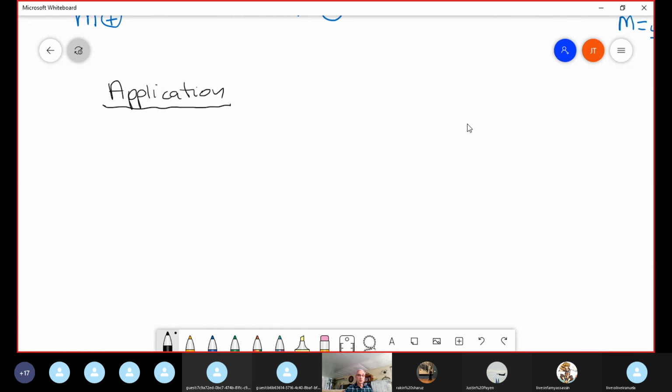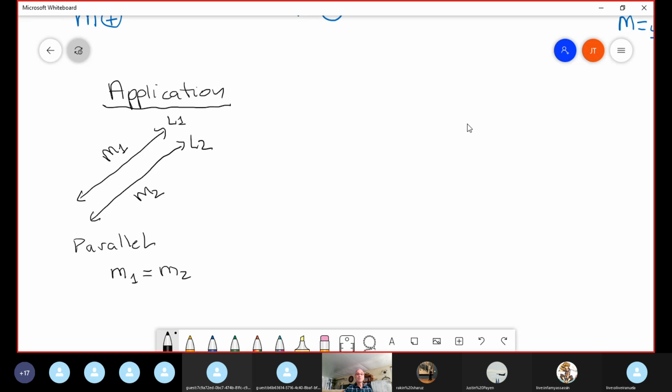For example, suppose we have two parallel lines. This is one line, this is another line, and they are parallel. Parallel means these lines never meet, never touch, never intersect. The relationship between the slopes: m1 represents the slope of line 1, and m2 represents the slope of line 2. When they are parallel, the slope is the same number. Makes sense, right? Because it's the same inclination.